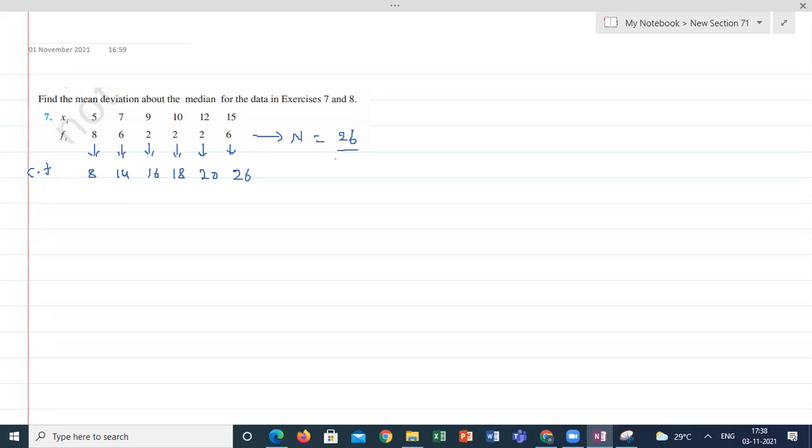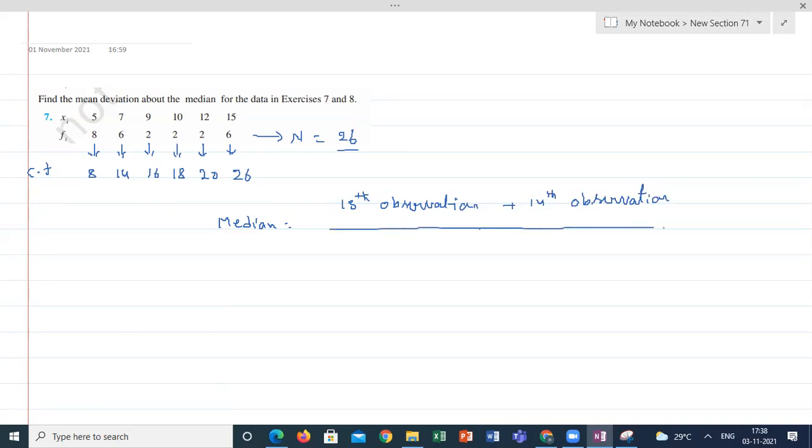If the total number of observations is even, what is the median? Median will be equal to the 13th observation plus the 14th observation, divided by 2. What is the 13th observation?